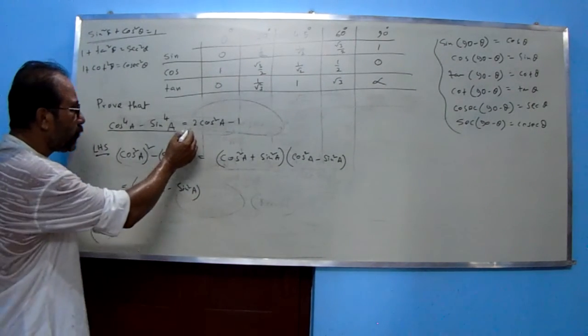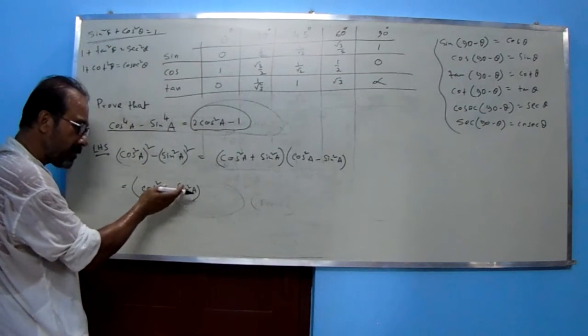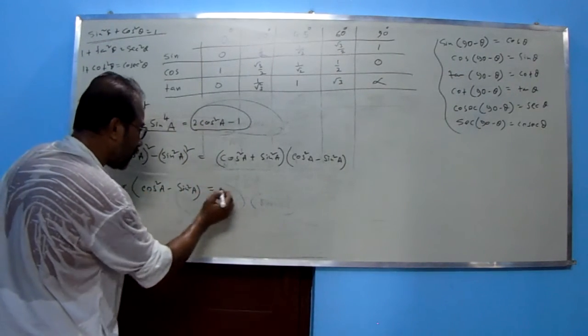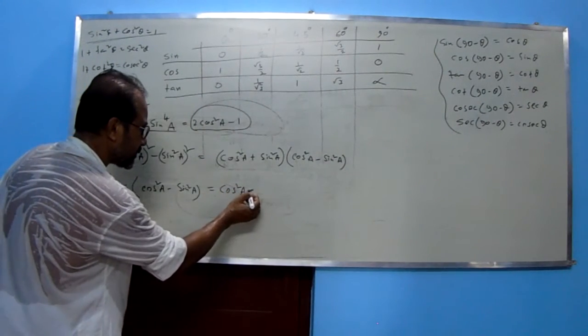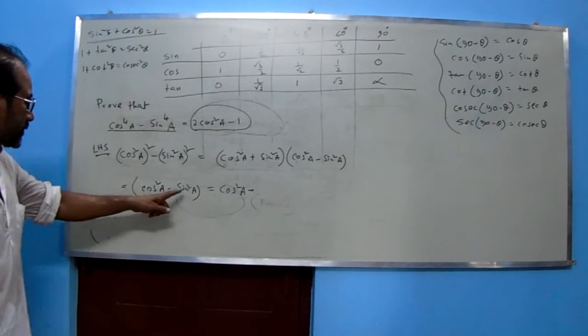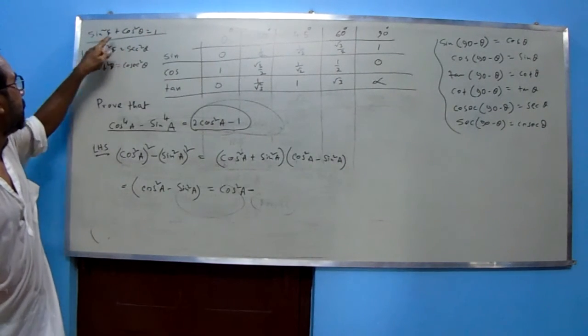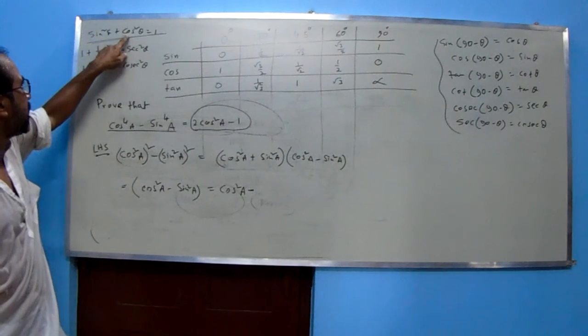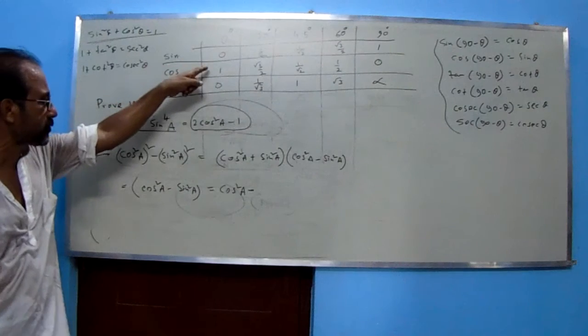Now I have to prove 2 cos square a minus 1. So sin square again should be eliminated. In place of sin square, what should I write? Sin square means 1 minus cos square, because sin square theta plus cos square theta equals 1. So sin square theta can be written as 1 minus cos square theta.